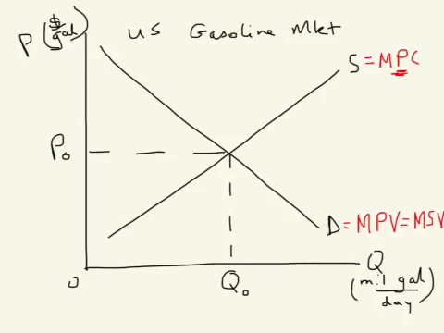Now, indeed for gasoline, it's well documented that there's plenty of costs associated with both producing and consuming gasoline that fall on people outside the market. Producing gasoline, of course, crude oil production can be messy.